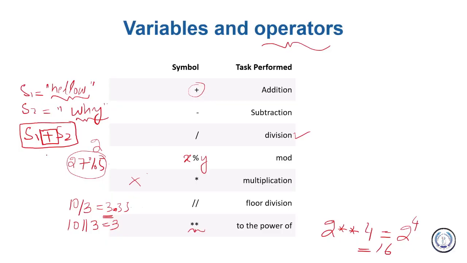For example, in mathematics, we are much more fluent with plus, with division, with subtraction, and it makes sense to add two integers, to subtract a floating point number from another floating point number and so on. But with data types that are unfamiliar to you right now, these operators may not make that much sense to you, but there are definitions, there are ways to use these variables for data types that are even beyond integer and floating point numbers.